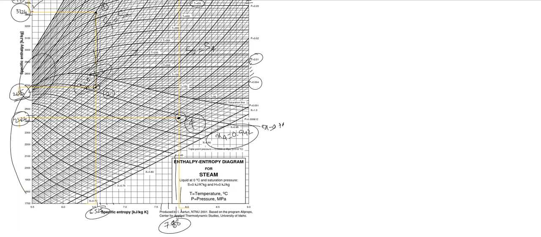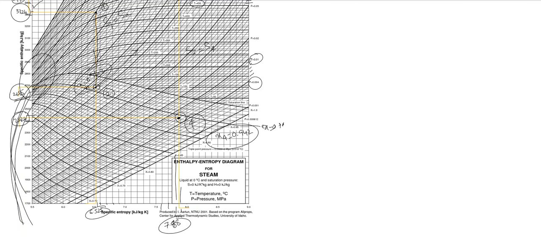When you are moving towards the saturation liquid side of the vapor dome, the lines are squeezing too much, and you cannot differentiate between two different lines.